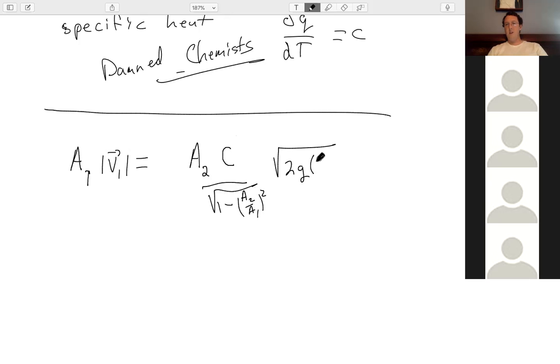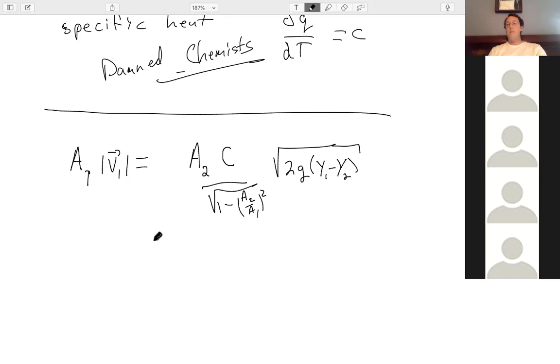Did I call it Z or Y? I can't remember. Maybe Y1 minus Y2. I'm doing this off the top of my head, but if I remember right, I got to that point. Is that okay, or do you want me to start farther back and work up to this? That was about where we were.